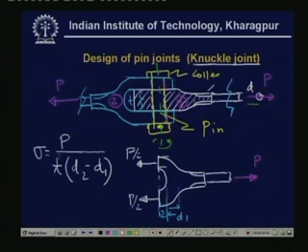So this will be the stress developed, and for designing the thickness or d2 minus d1, we need to satisfy this expression, that is P allowable divided by T times d2 minus d1. This is the normal force, it should be less than sigma allowable. So this condition has to be satisfied.